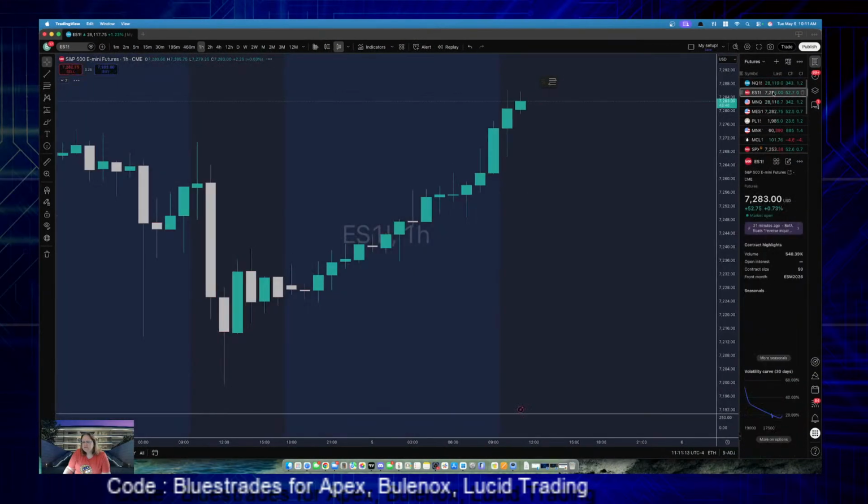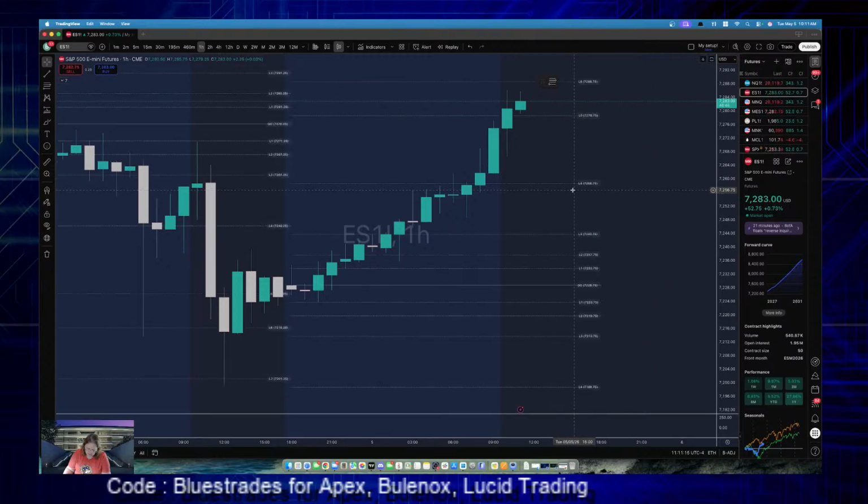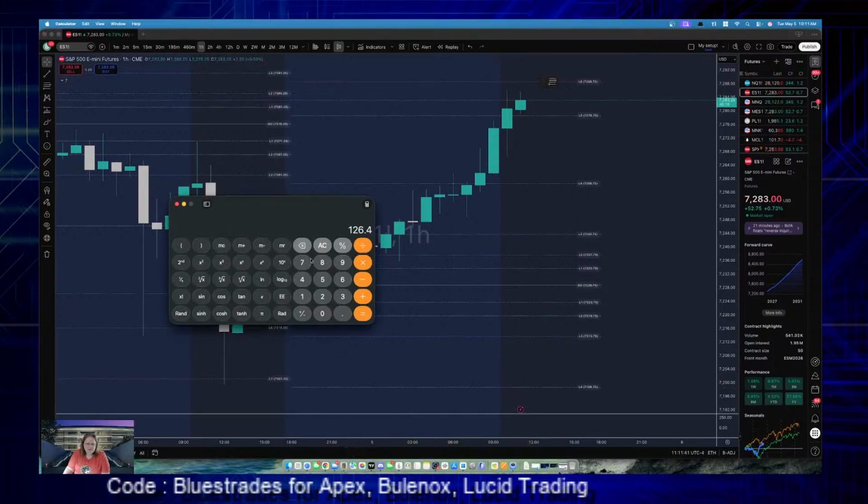So on ES, the only problem with it is the 126 points. Here was Globex open at 72.28. We dipped down to 72.23 last night. So you would need to take the high, which was 72.86, minus 72.23.